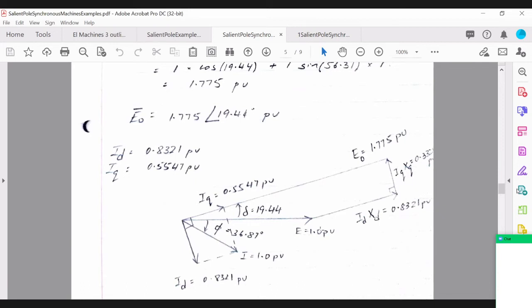So you have a few more phasors that we've added, which are IQ and ID, and then you have IDXD and IQXQ that has been split into two components because of your two reactances. Okay, so adding all the three phasors gives you E naught, and that will be your terminal voltage.